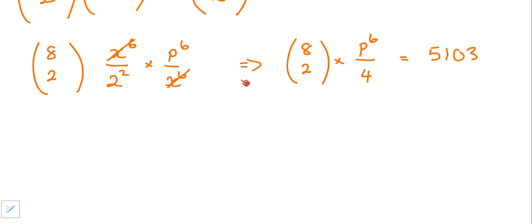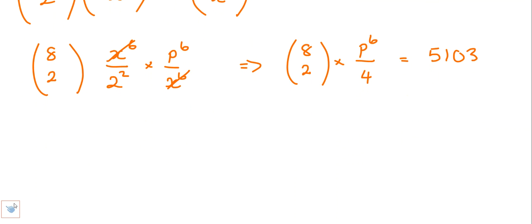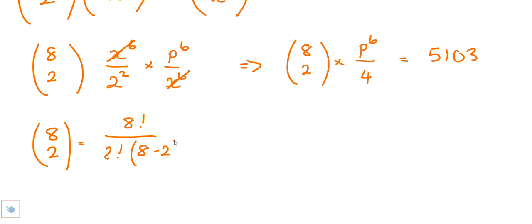Right, so how do I find this value in my calculator? If I wasn't allowed my calculator, I'd use the equation. To find the value for 8, 2, I could do 8 factorial over 2 factorial times 8 minus 2 factorial.